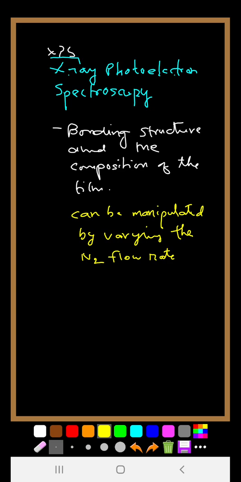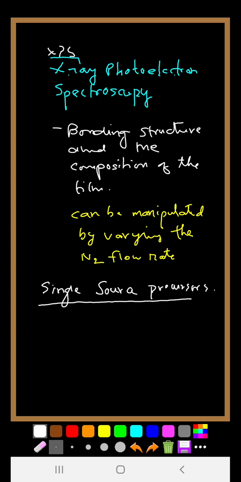Now, if you use a single source precursor, for example, precursor means starting material.